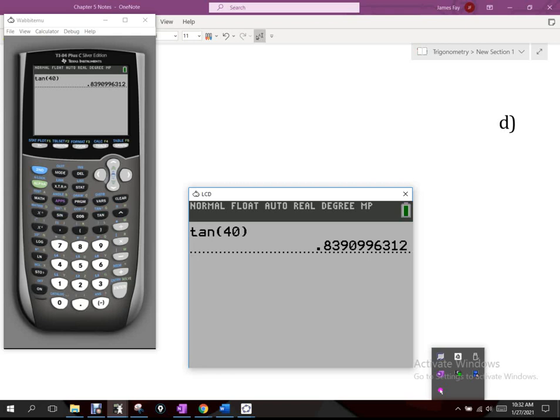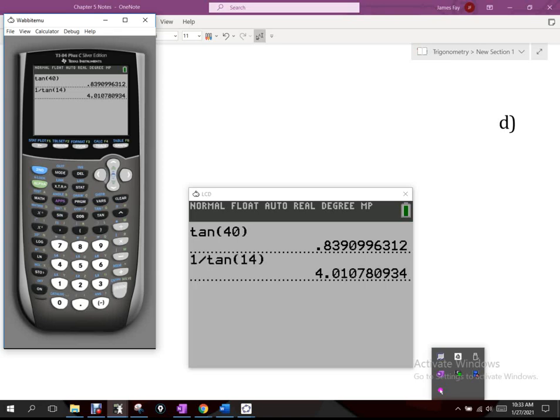So if I want to use cotangent, I have to know what cotangent's reciprocal is: tangent. Cotangent and tangent are reciprocals, right? So if I want the cotangent of 14 degrees, I actually have to write 1 divided by tangent of 14 degrees. Does that make sense?